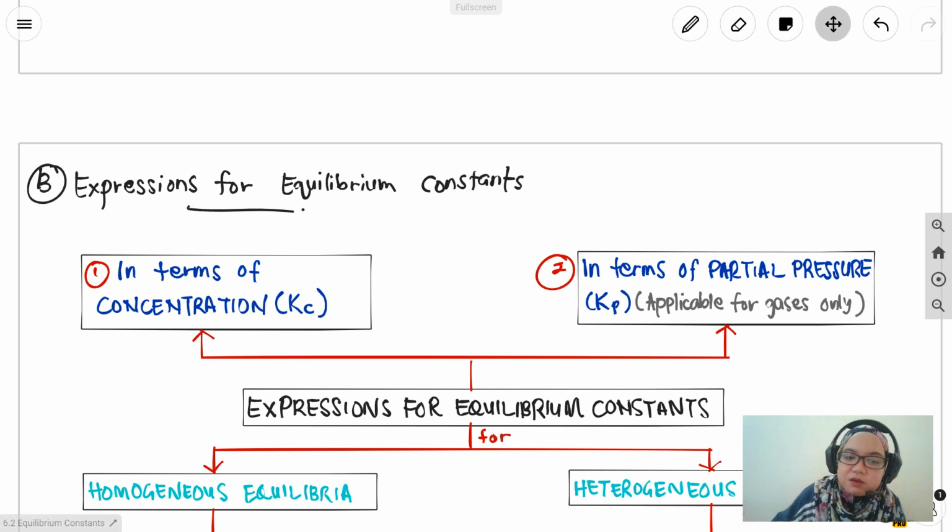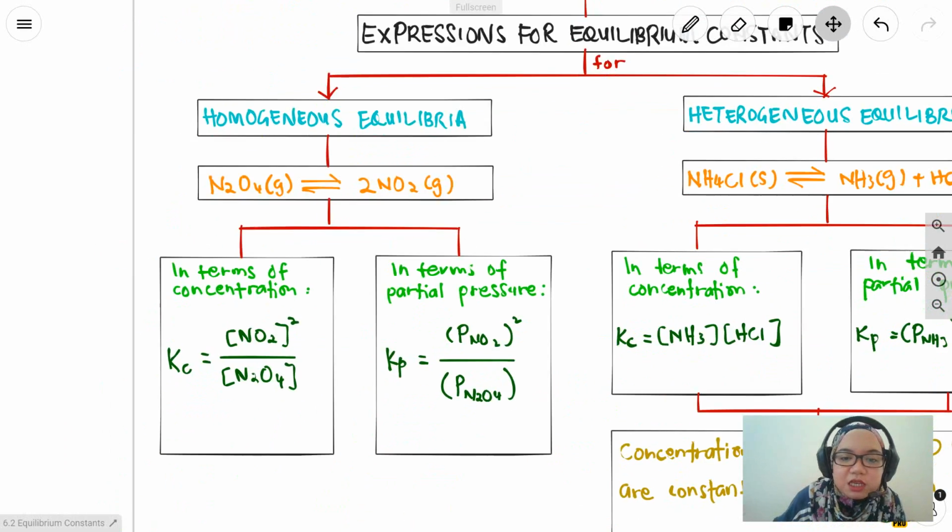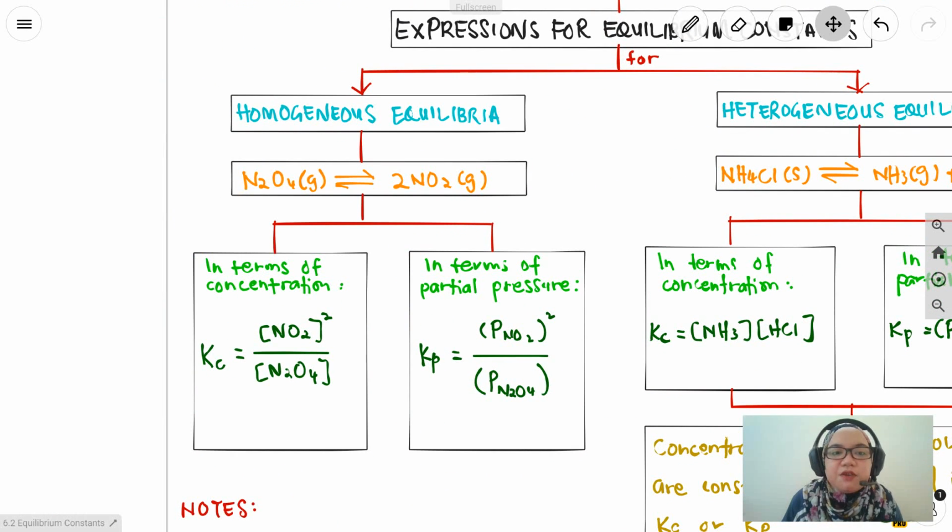Now the expression for equilibrium constant can be written for homogeneous equilibria and heterogeneous equilibria, and we are going to look at this part by part. Let's look at homogeneous equilibria first. For homogeneous equilibria, we are going to look at the example of N2O4 gas decomposed into NO2 gas.